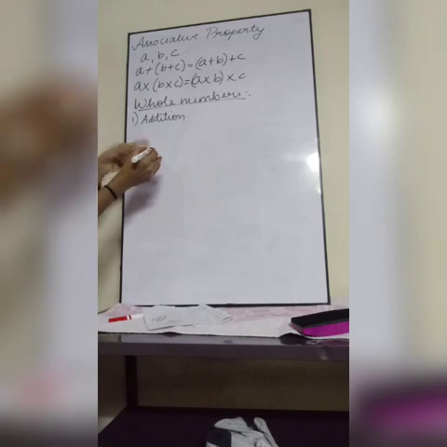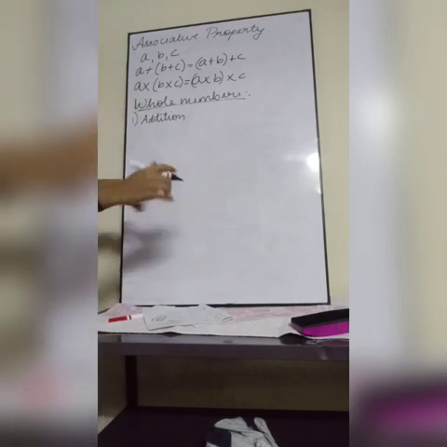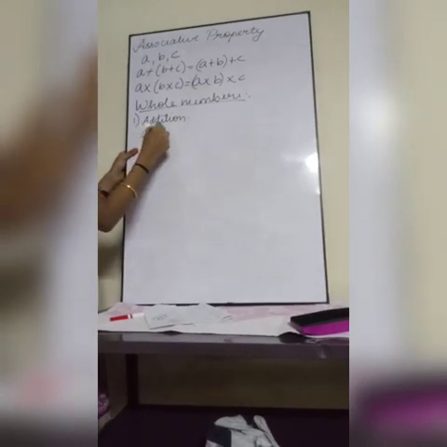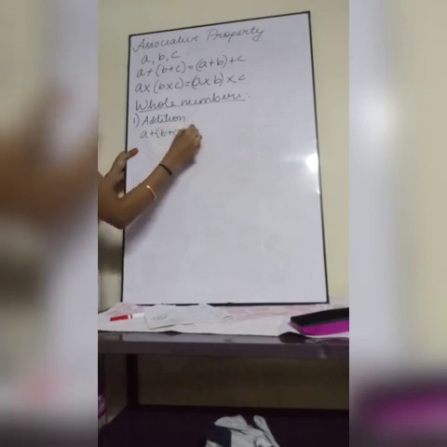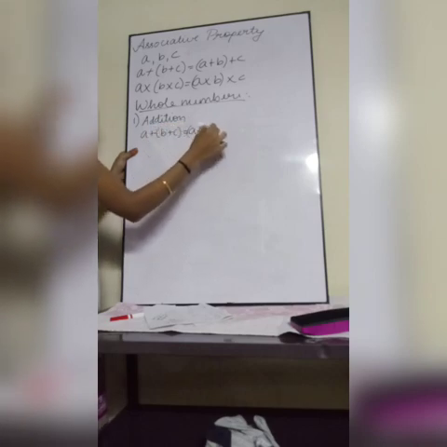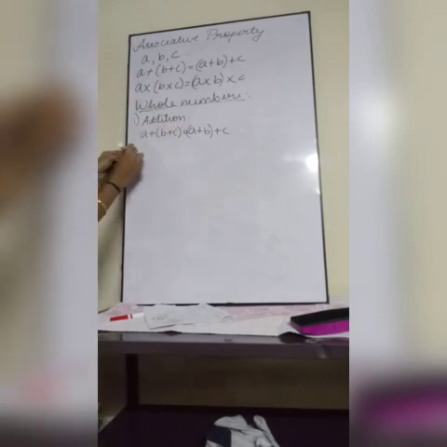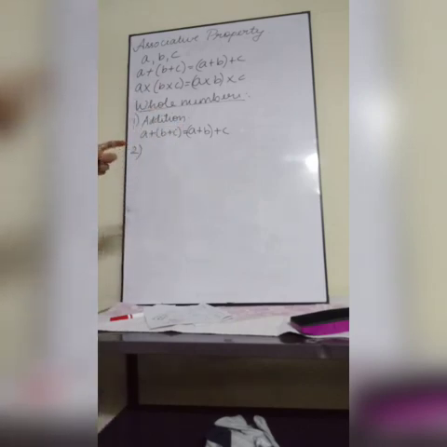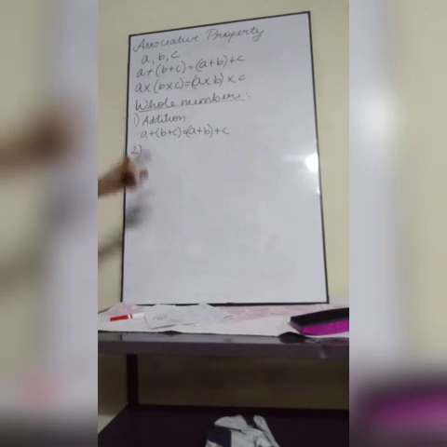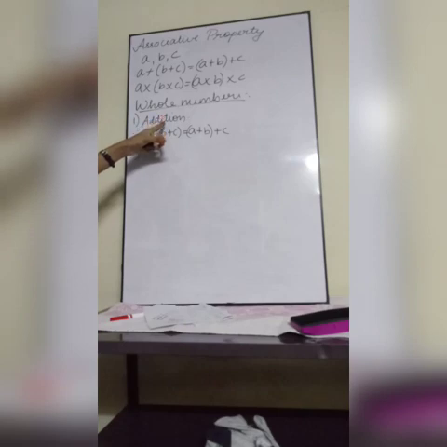So in addition, associative also will satisfy. So how it looks like? (a plus b) plus c equal to a plus (b plus c). Both the answers will be same. It will take a long process, you can just refer to this alone, that's enough. That's why I am giving only the property. So whole numbers are associative under addition.